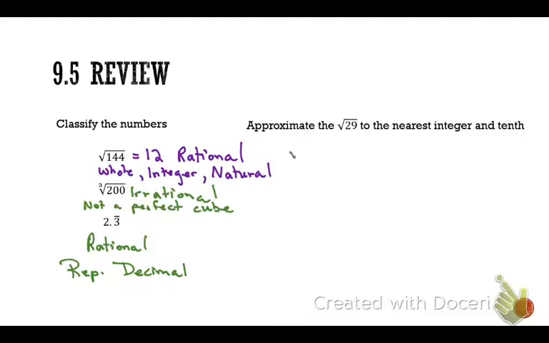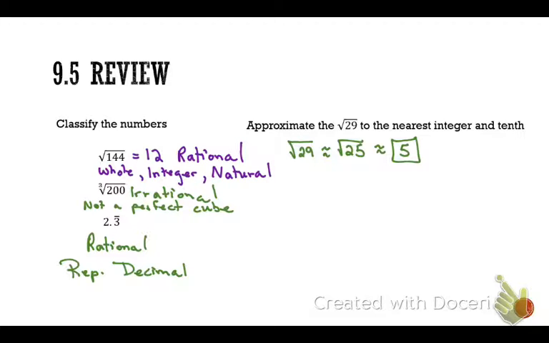So the square root of 29 is really close to the square root of 25, which is 5. Now, yesterday, we also started approximating to the nearest tenth. And remember, when we approximate, does our answer have to be exact? No. Does anybody want to give it a shot?